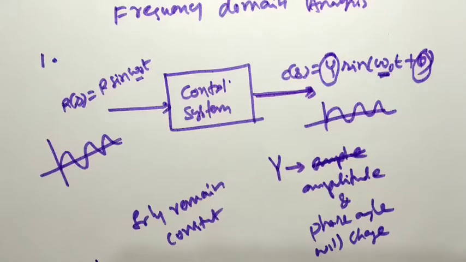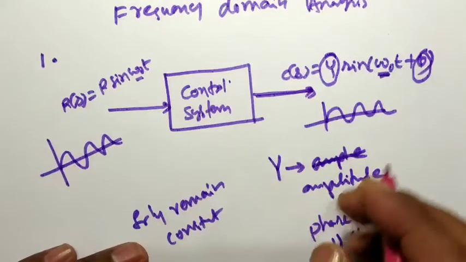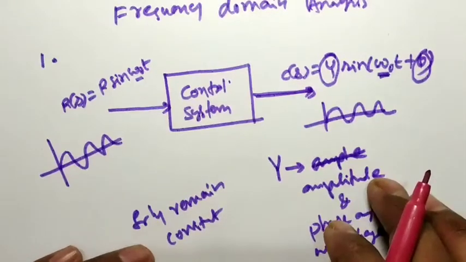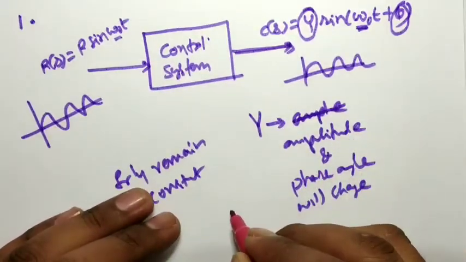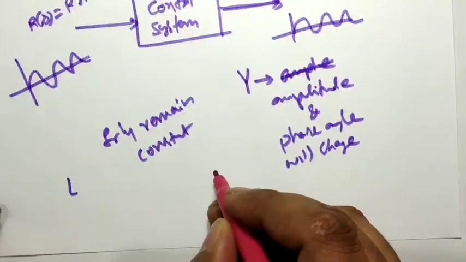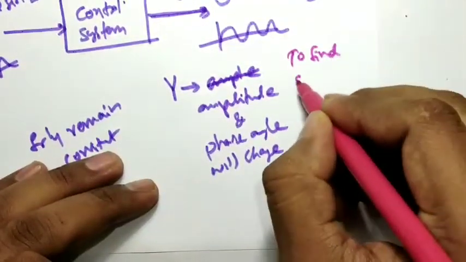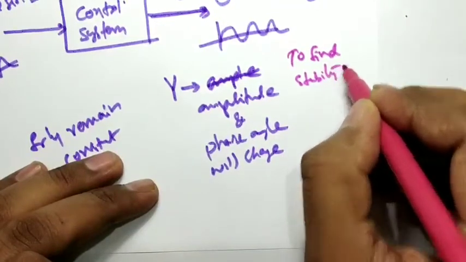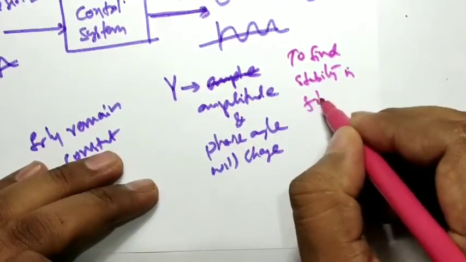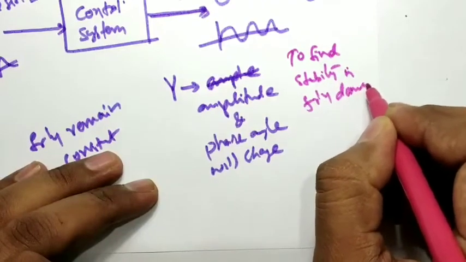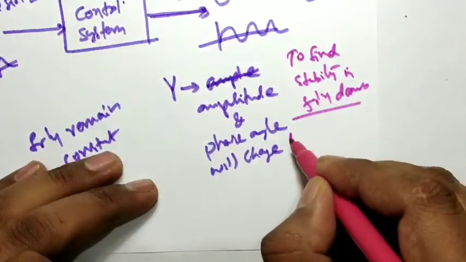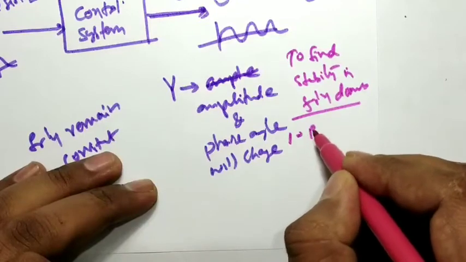We are going to find stability by using three methods as per your syllabus, to find stability in the frequency domain. The first method is the Bode plot.